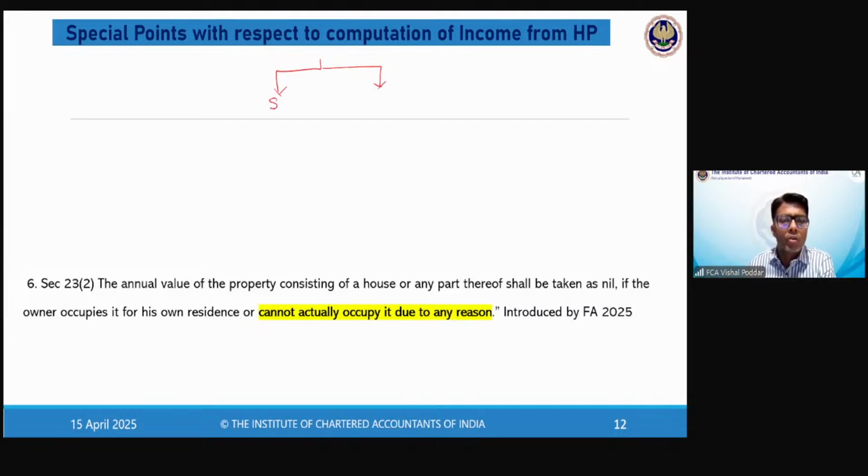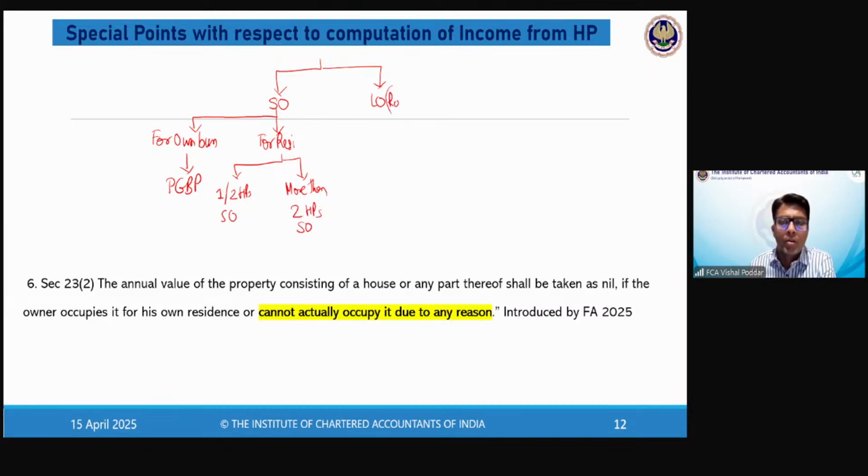So broadly, your property may be self-occupied or let out. Within self-occupied, if it is for your own business, it is outside HP, it will go to PGBP. If it is for residence, then there are two possibilities: up to two HPs self-occupied, or more than two HPs self-occupied.